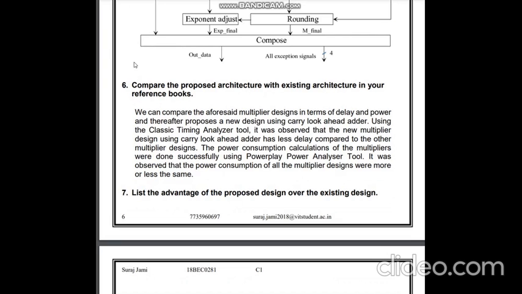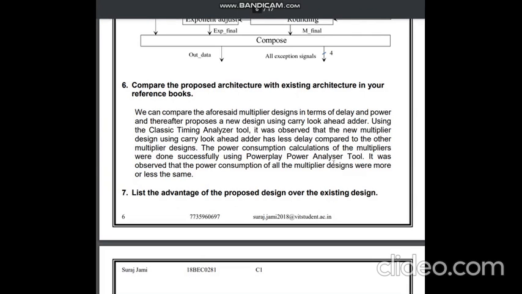Using the classic timing analyzer tool, it was observed that the new multiplier design using carry look ahead adder has less delay compared to the other multiplier designs. The power consumption calculations of the multipliers were done successfully using the Power Analyzer tool. It was observed that the power consumption of all the multiplier designs was more or less the same.